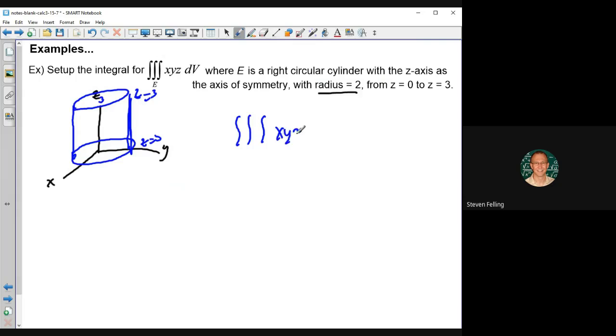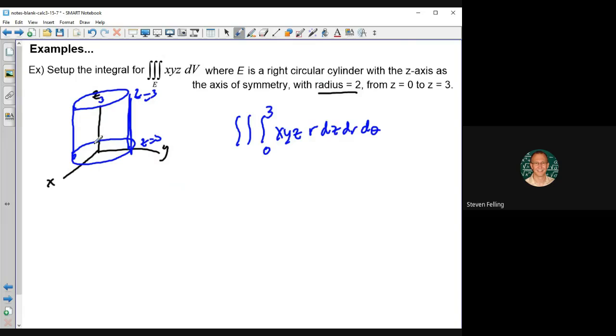The integrand is xyz. The dV element is r dz dr d theta. This can be in any order, but typically we do the z first, then the r, then the theta. So the z is going to start at 0 and end at 3. I think for all cases it's always from 0 to 3. There's no dependency there.